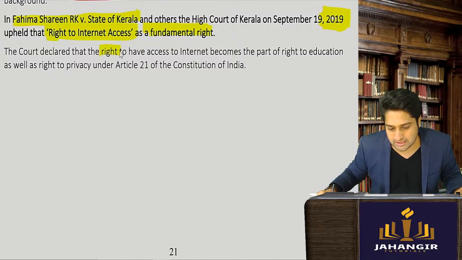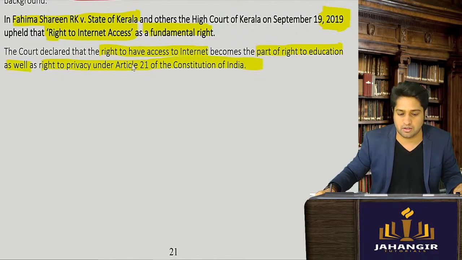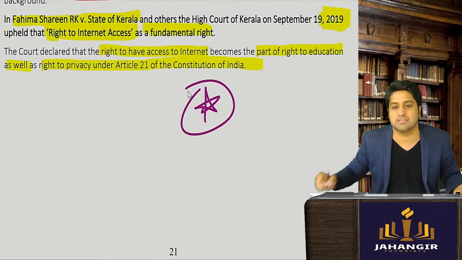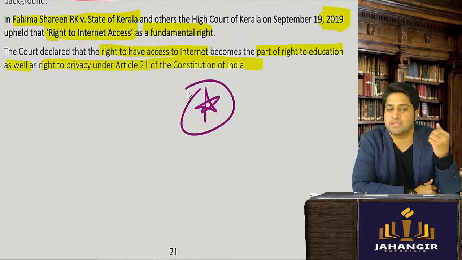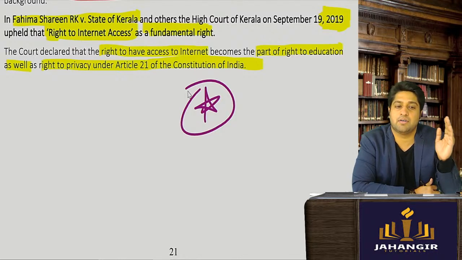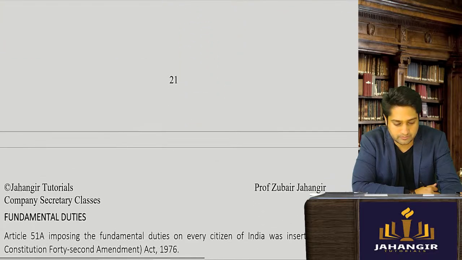The court held that the right to access becomes a part of education as well as the right to privacy under Article 21. So you can mark it as important: in Faheema Shirin versus the State of Kerala, the right to internet access is now a fundamental right.